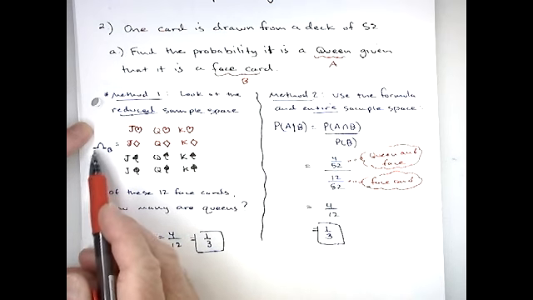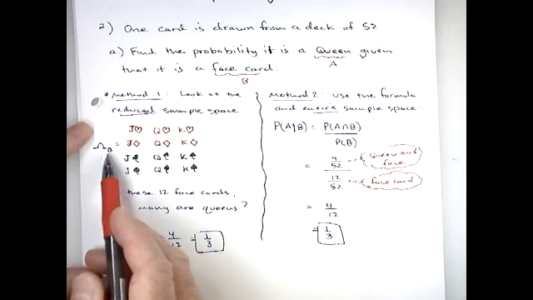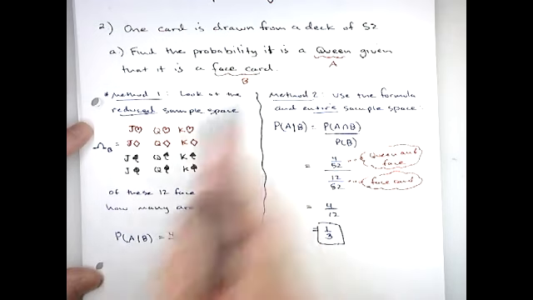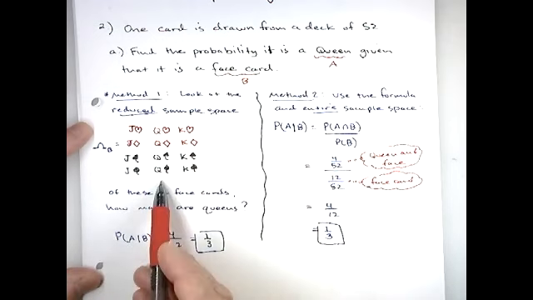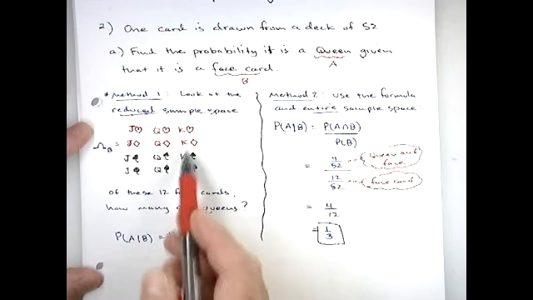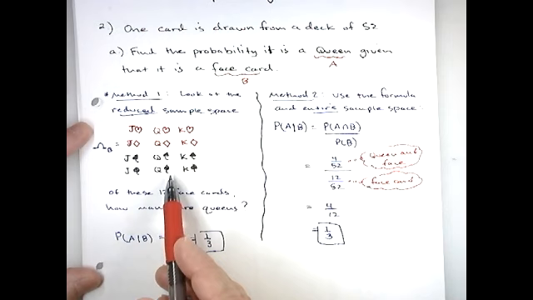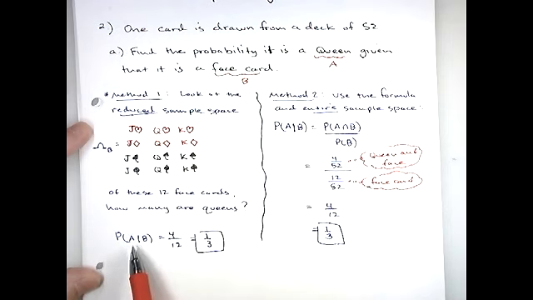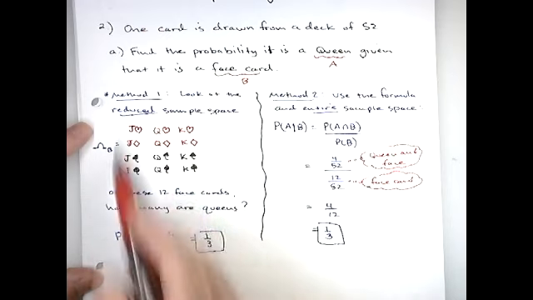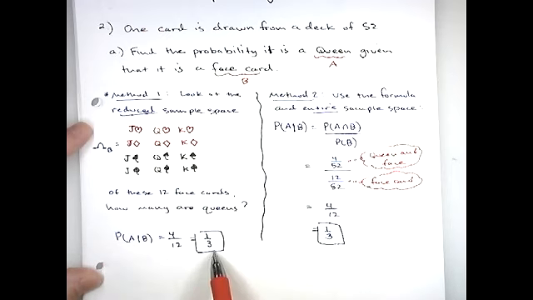So notation-wise, you can write this as omega sub B, the face cards. I've got all 12 of my possible face cards. And of these 12 face cards, how many are queens? Well, there are 4 of them. So the probability that we got a queen, given that we picked a face card, is these 4 queens out of these 12 face cards, which comes out to be 1/3.